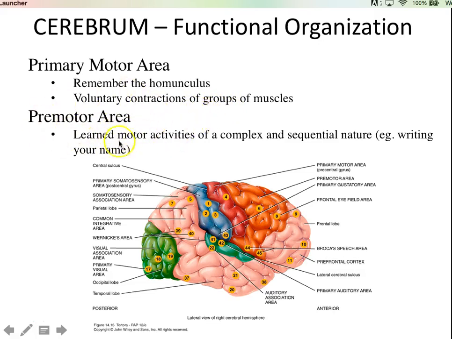That premotor area is going to allow you to exhibit learned motor activities of a complex and sequential nature. Sequential meaning there's one thing that comes after another. Like when you write your name, that's fairly complicated, but you pretty much know that one letter comes after the next, and that's how it always is. Things like tying your shoe.